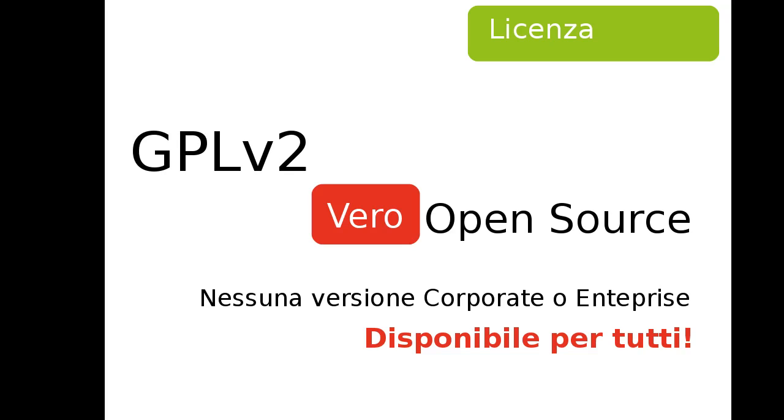We don't have a corporate enterprise release. There is only a single software that you can find on Zabbix.com, and it is for everyone. We don't have some hidden features for paid customers, but we have only one software. This is a very important feature.